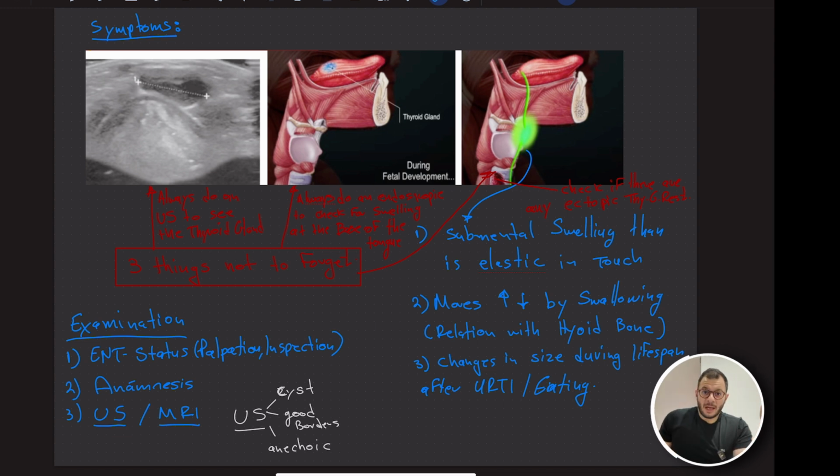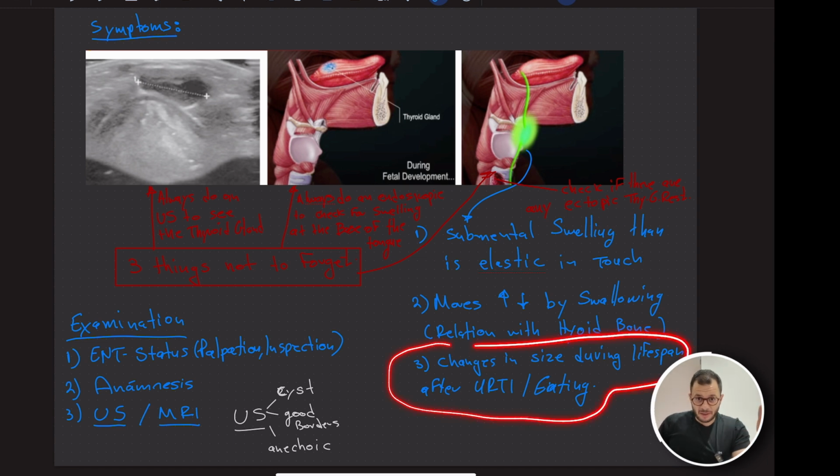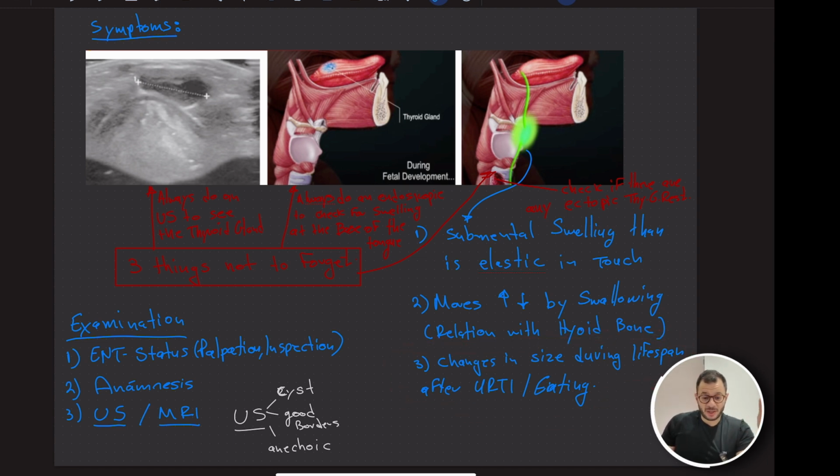And then a really good examination remark here is when the patient swallows, because the cyst is connected to the hyoid bone and the hyoid bone moves by the act of swallowing. We can see the up and down movement of this thyroglossal duct cyst. It changes in size during lifespan, especially after upper respiratory tract infections, as we said before, or after eating.